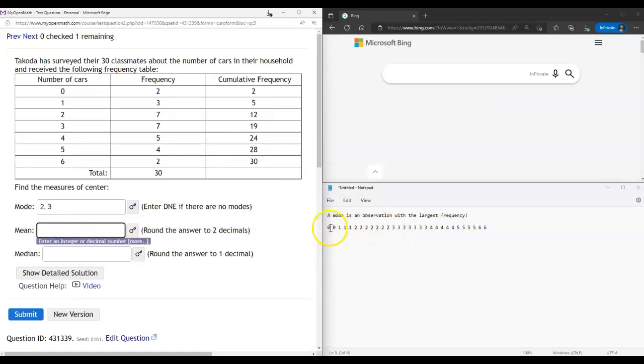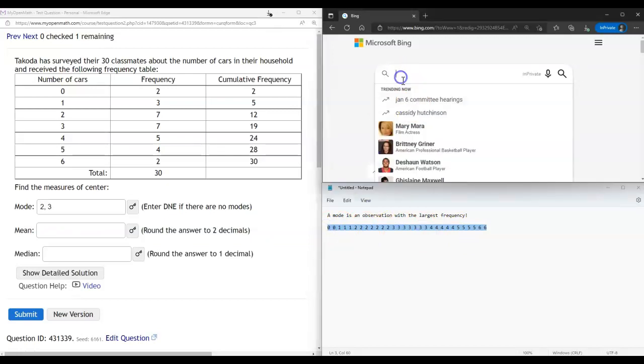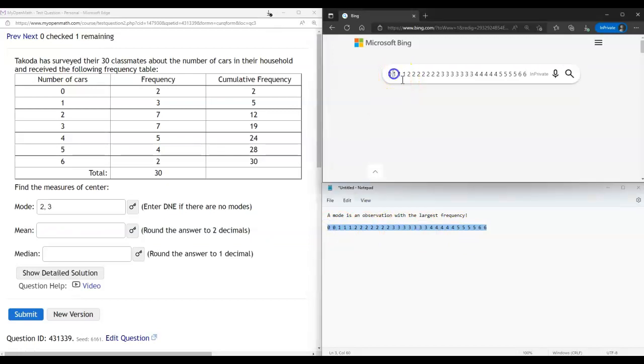Now, once the raw data set is right in front of us, it's very easy to find the mean. We just add all of this together. So I'm just going to use a calculator and throw a bunch of pluses in there, being careful here. You can see that it's a very primitive process, but conceptually it's very simple.